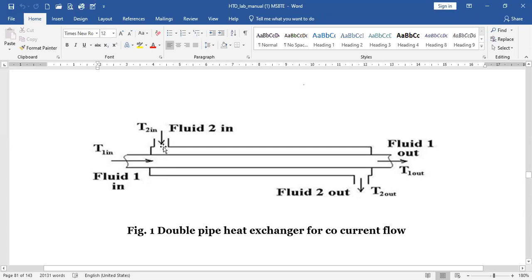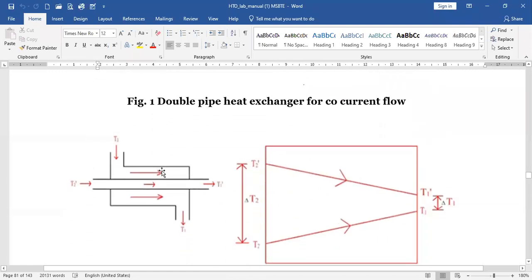Fluid 1 may be a hot fluid or a cold fluid depending on the conditions and the application. We are going to apply this hot fluid and cold fluid in the inner and outer pipe. So we have to maintain these temperatures, in and out conditions, for fluid 1 as well as fluid 2, and we have to measure the volumetric flow rate for fluids 1 and 2.